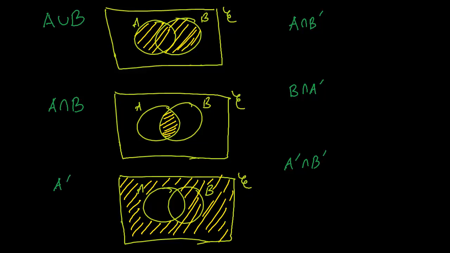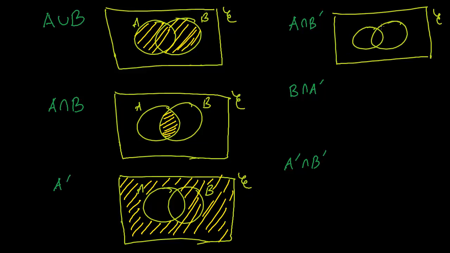Now A intersection B prime means from the set A, remove anything that belongs to the set B. So if you have set A and set B, the shaded region would be from the set A, remove everything that is in B. So this shaded region represents A intersection B prime.